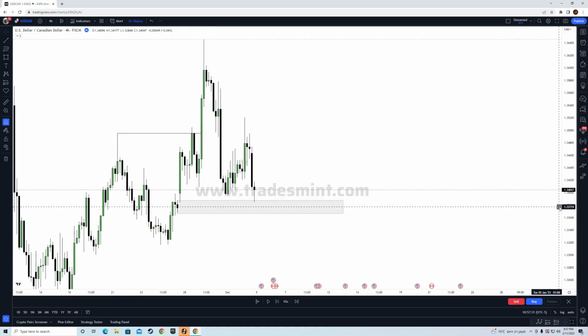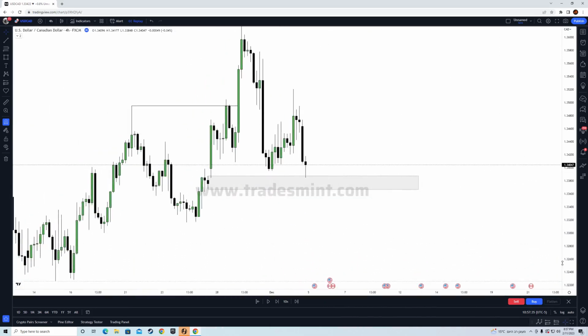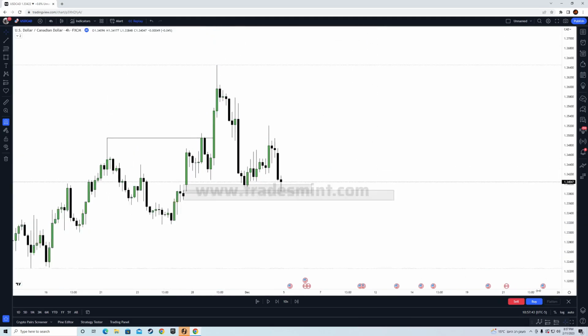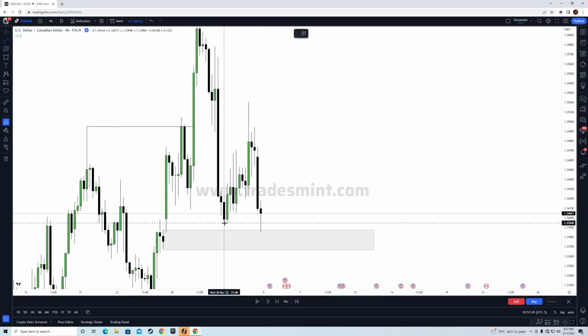Okay, so right here you can see we have this order block, and we also have this volume imbalance right here. So let's remove this for now. Let's consider an order block as our POI, just for the sake of this example.